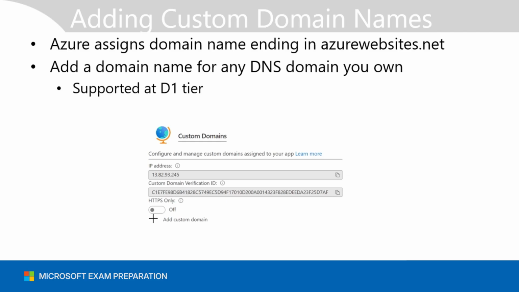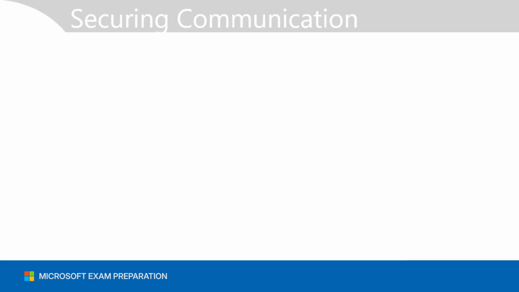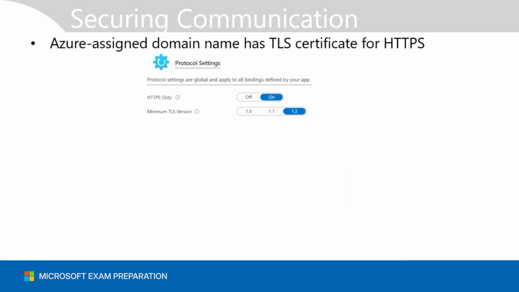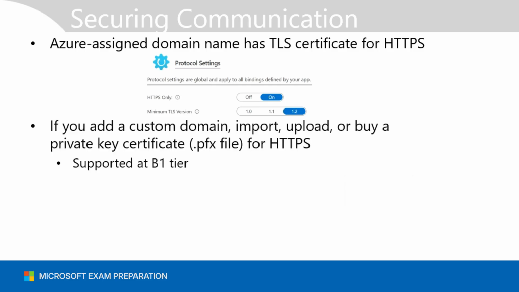Once you set up a custom domain, you might also want to import the certificate for that. So you need a TLS certificate to do HTTPS traffic. The Azure assigned domain name does have a certificate, but if you're going to replace that domain name, you need to bring your own certificate with you. So if it's a custom domain like that, you can either import the certificate that you own, upload one.